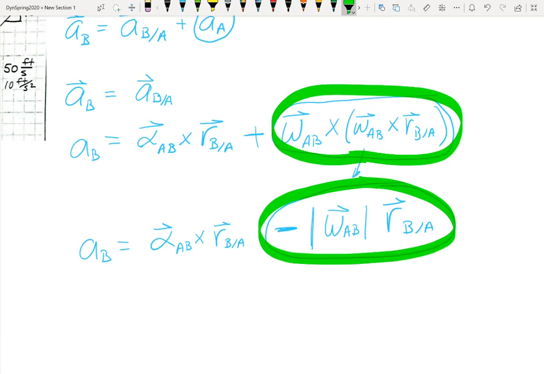There's really not much of any difference. Actually, there's no difference. So let's carry this out.